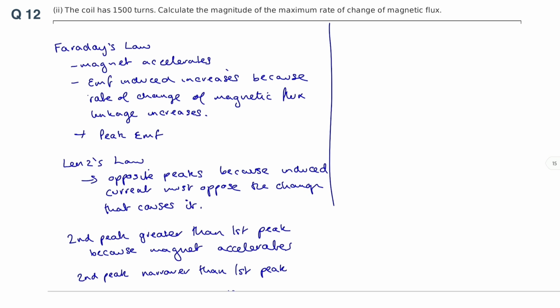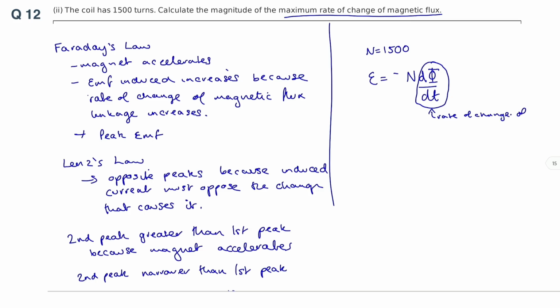Question 2. The coil has 1,500 turns. Calculate the magnitude of the maximum rate of change of flux. Let's use Faraday's law for that. We want to know what this value here is: the rate of change of magnetic flux.